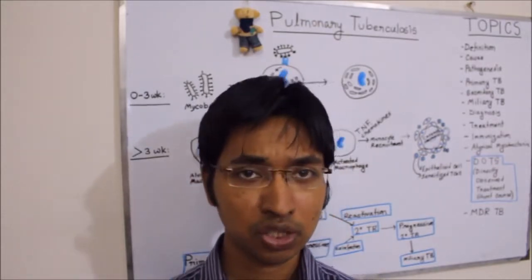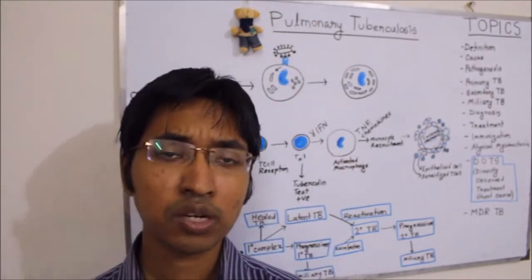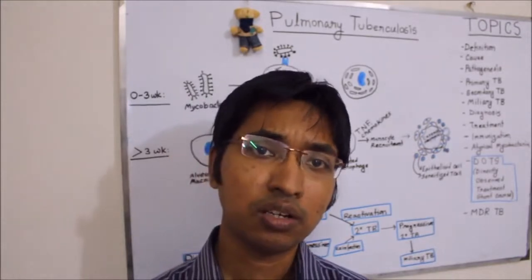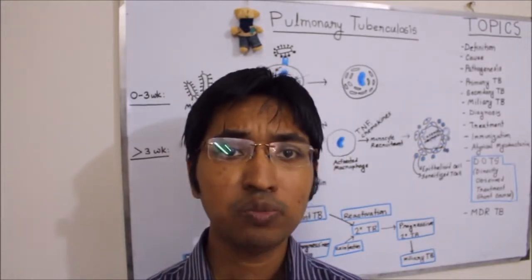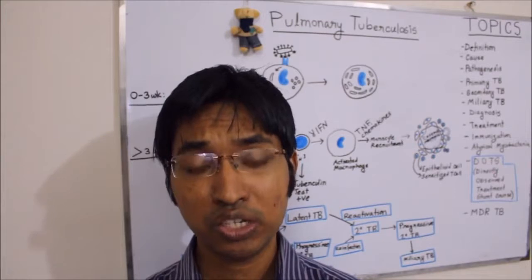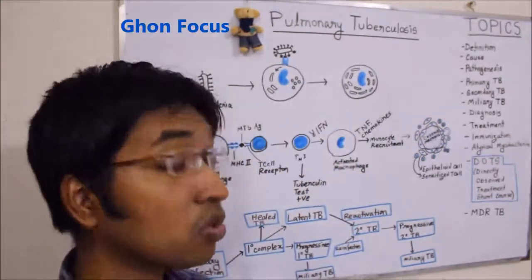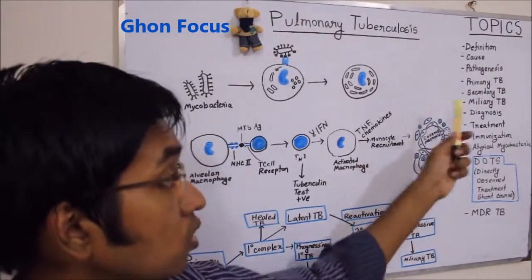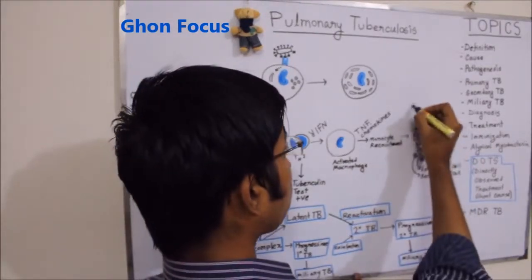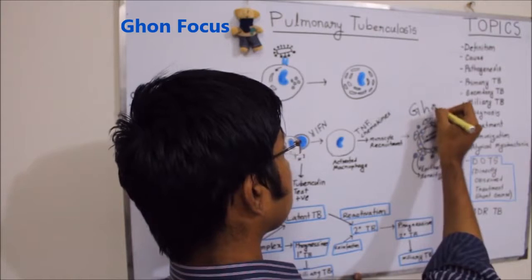The initial infection will have 1 to 1.5 centimeter diameter. There will be a grayish-white inflammatory lesion, and that is known as Ghon focus. I have already talked about Ghon focus, so this is in fact a Ghon focus.